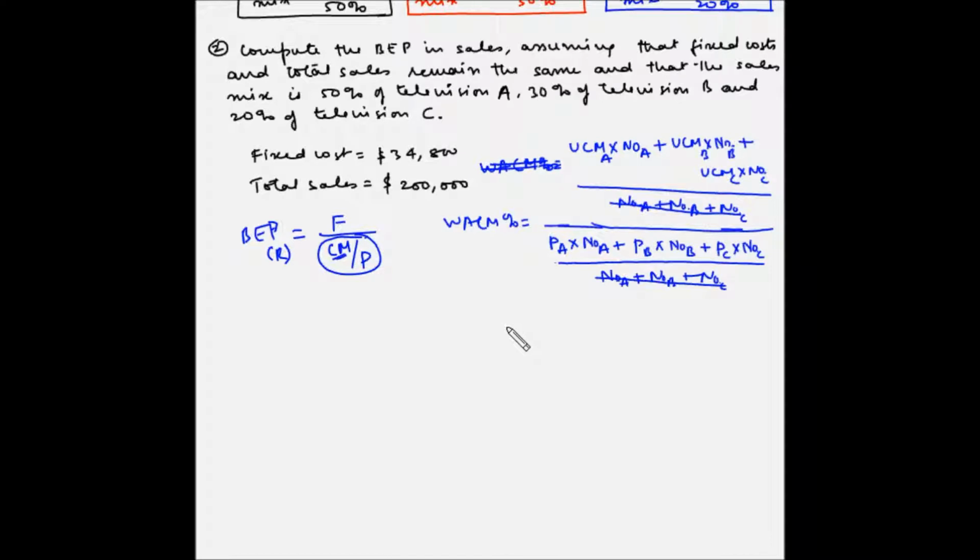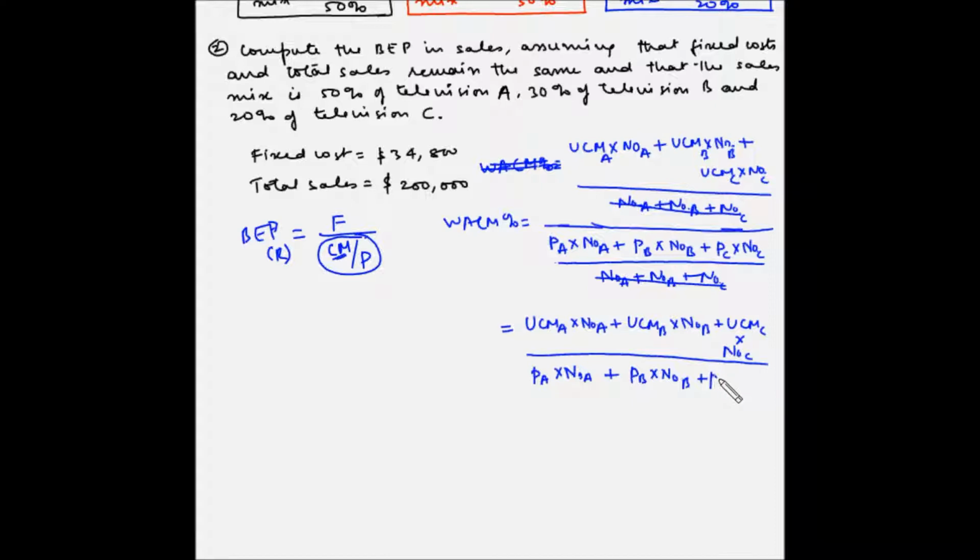So what we had seen was unit contribution margin A multiplied by the number of units for A plus unit contribution margin B multiplied by number of units for B plus unit contribution margin for C multiplied by the number of units for C divided by unit selling price for A multiplied by the number of units of A plus the unit selling price of B multiplied by the number of units of B plus the unit selling price of C multiplied by the number of units of C.